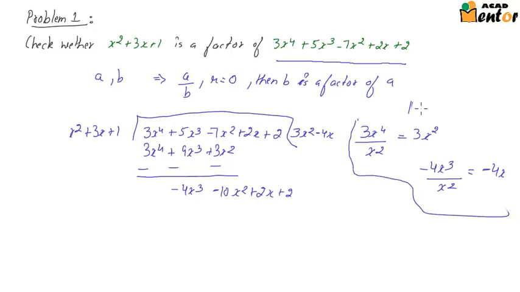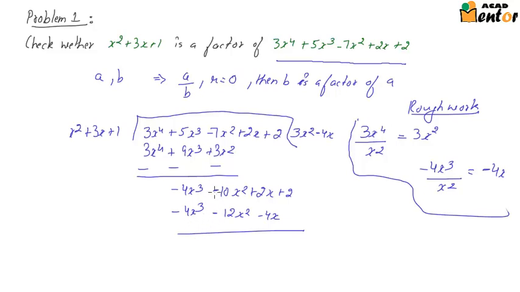This is my rough work area. So minus 4x multiplied by x square will give us minus 4x cube. Minus 4x multiplied by 3x will give us minus 12x square. And when minus 4x is multiplied by 1, it will give us minus 4x.